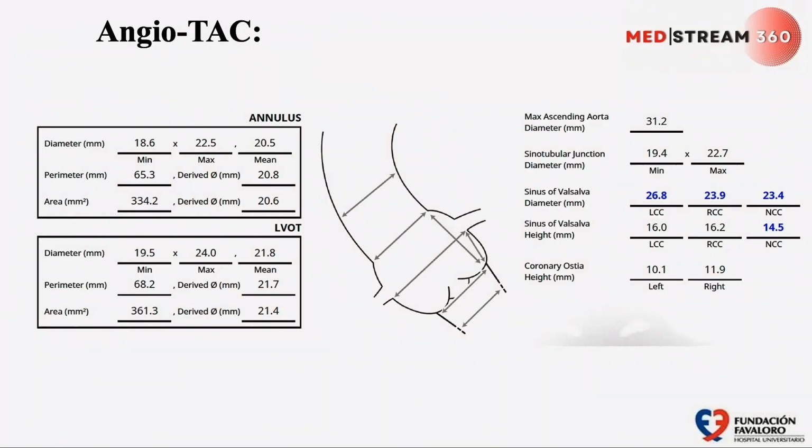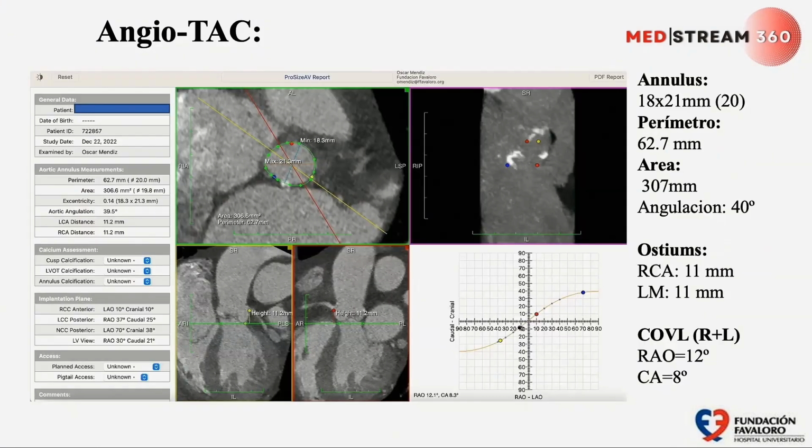This is the CT evaluation in the core lab. This is an evaluation that we did here inside our team. It's quite similar, 18 by 21 the perimeter. The mean is quite similar. The perimeter is 2 millimeters smaller, so in a way it's similar.